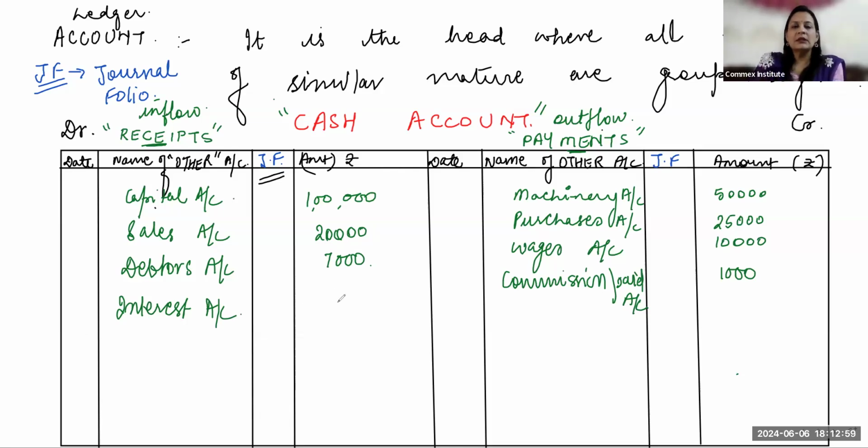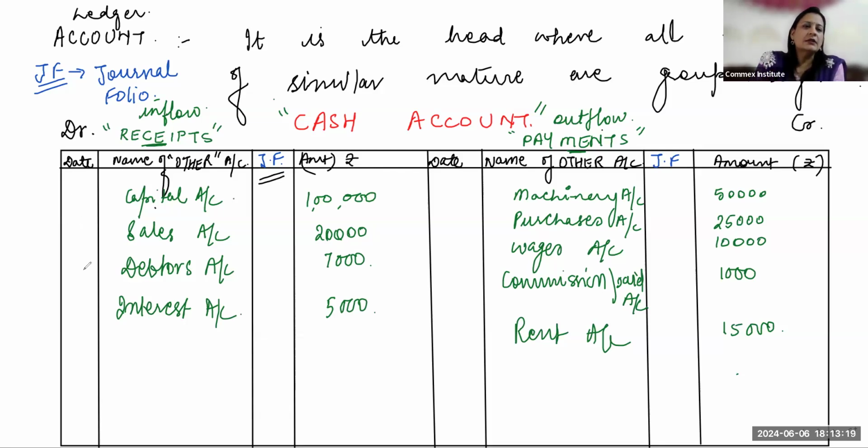Okay, so interest amount was 5,000. Suppose I'm paying rent, so it'll be rent paid account. Suppose I'm paying a rent of 15,000, right? So this is how we keep on putting the entries according to the date.